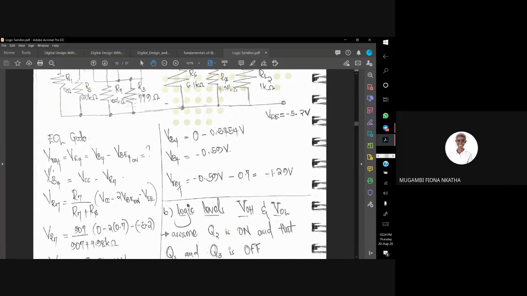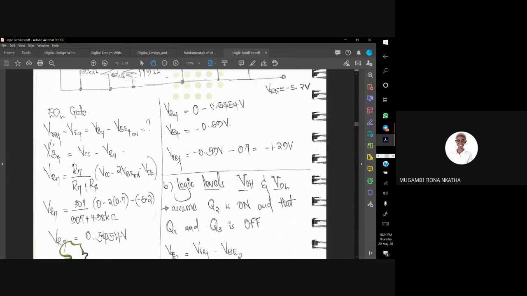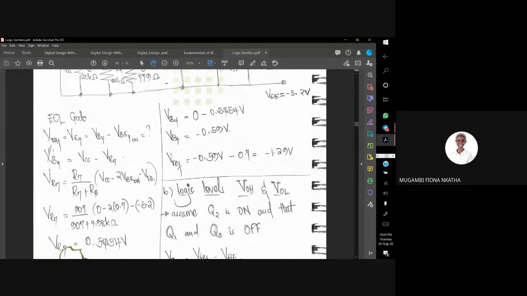I hope I've not confused anyone. Okay, that means you guys are okay. So once you do the voltage divider bias, VR7 is 0.58 volts. Then you subtract that from VCC and you get VB4, which will be negative 0.59 volts. So your VREF will be VB4 minus VBE on, so negative 0.59 minus 0.7.